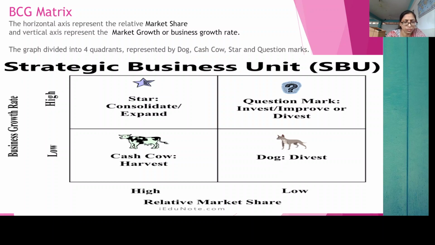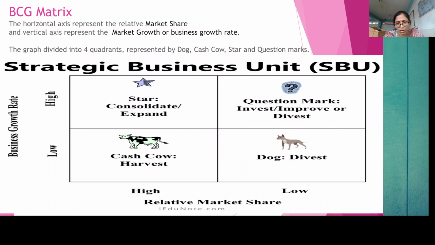Those who have, suppose, high relative market share and low business growth rate, those products are called cash cows. They will fall under the cash cow quadrant.